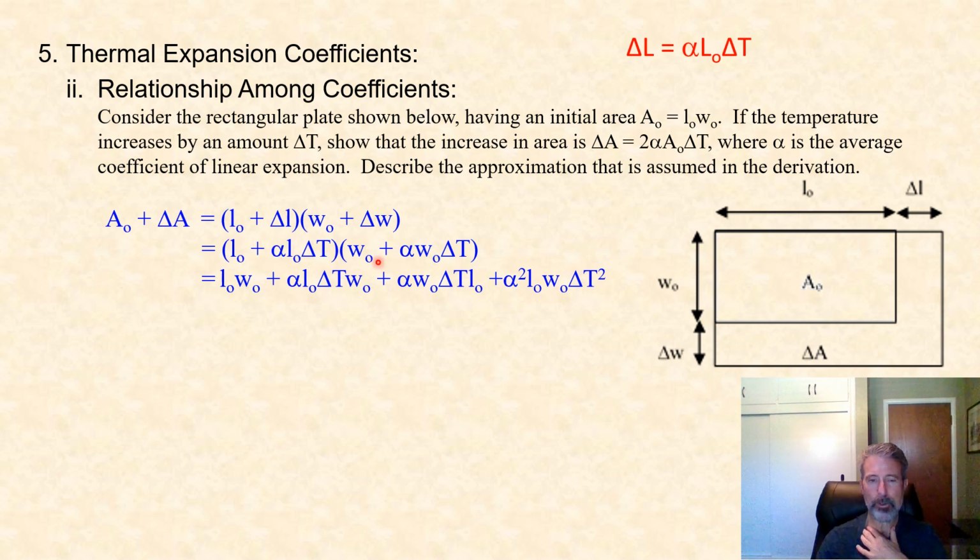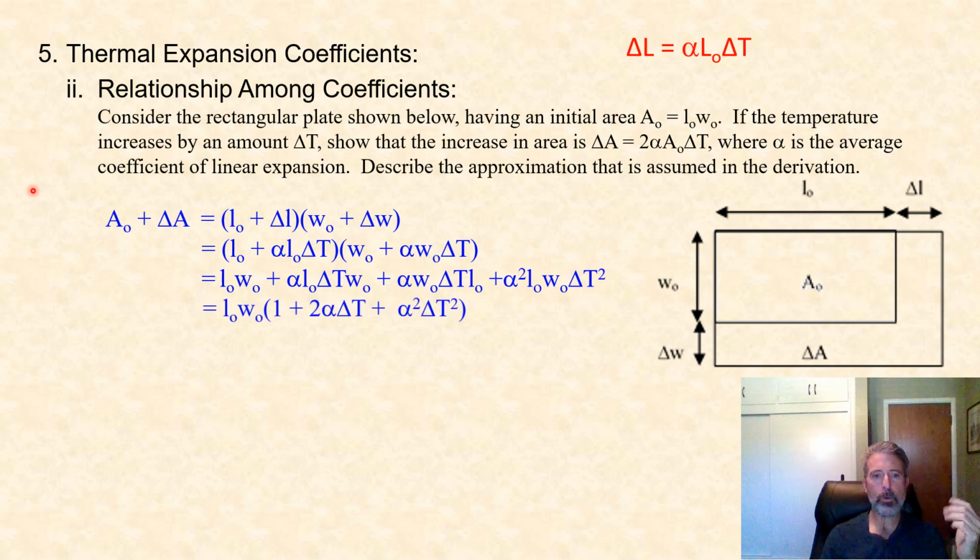So when we multiply our two binomials together, we're going to end up with these four terms, right? L naught times W naught, that's multiplying our first terms. Okay, our inner terms, alpha L naught delta T times W naught. Our outer terms, okay, alpha W naught delta T times the outer term in our first binomial, L naught. And then multiplying our last terms, we get alpha squared L naught W naught delta T squared.